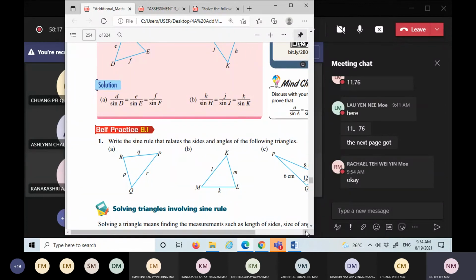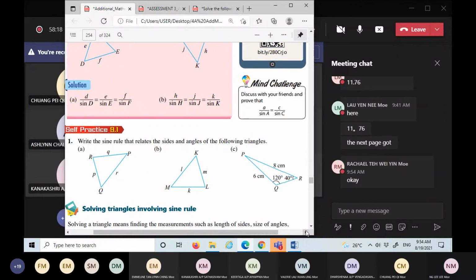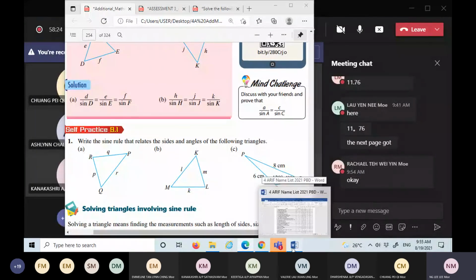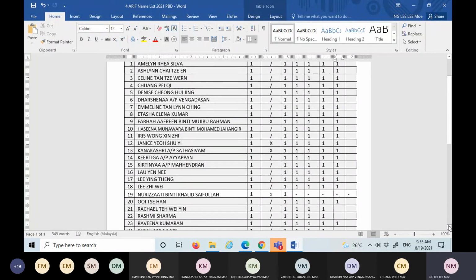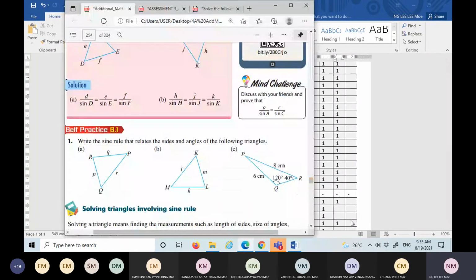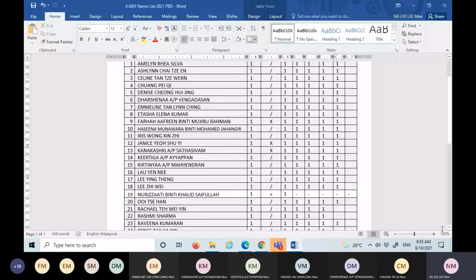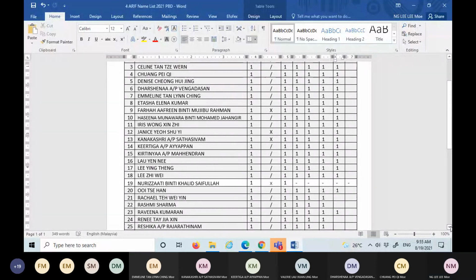For C, you just write the same thing, just write the number, because they are not represented by alphabets. So who is next? Ravina, you do C. Ravina done already, sorry. No, Ravina, wait. Rainy, you do C.